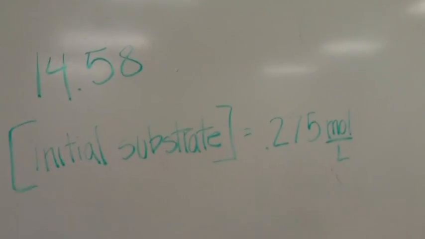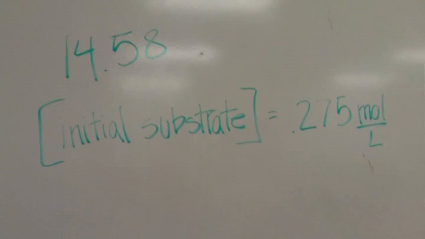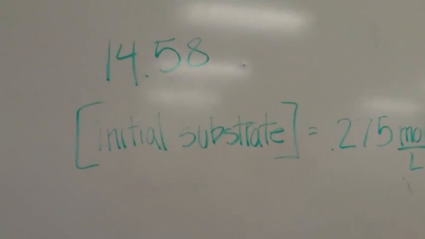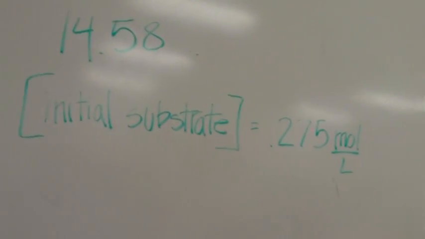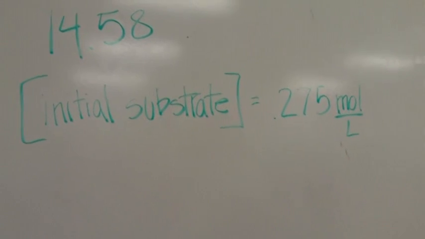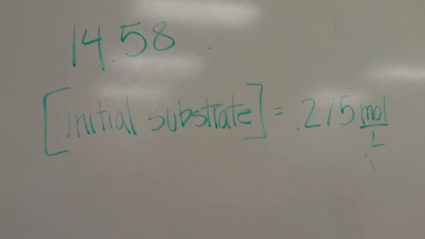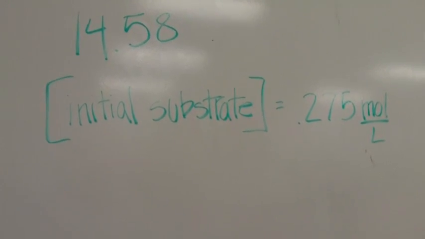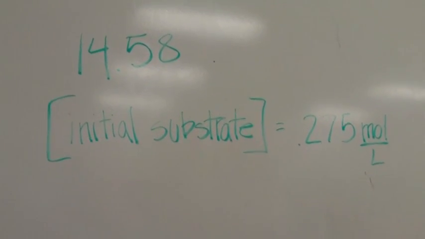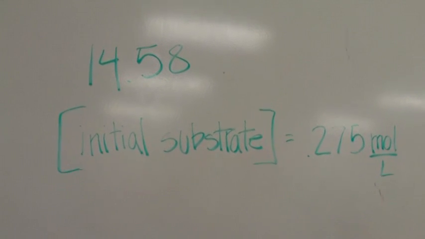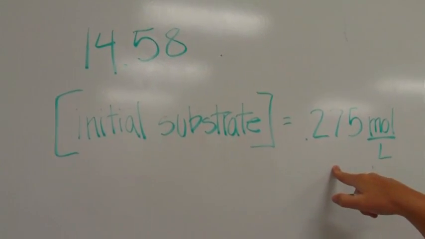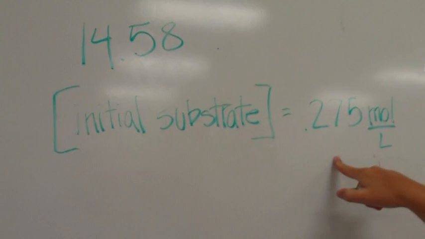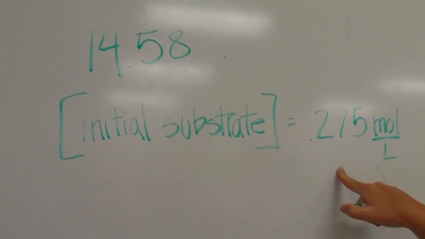14.58. The rate law for a certain enzymatic reaction is zero order with respect to the substrate. The rate constant for the reaction is 6.4 times 10 to the second molarity per second. If the initial concentration of the substrate is 2.75 mole per liter, what is the initial rate of the reaction?